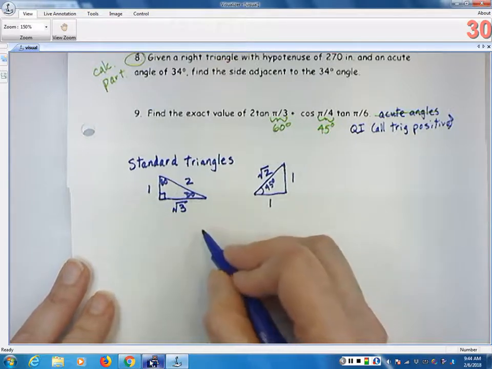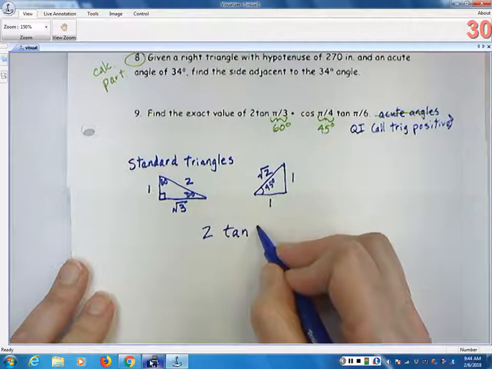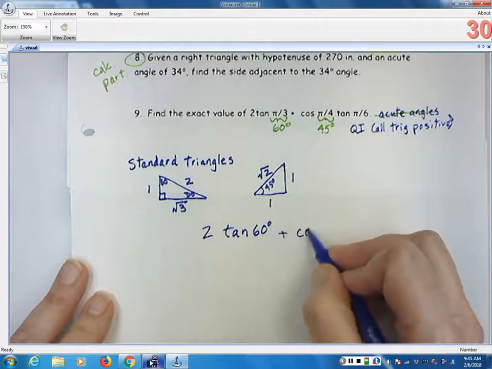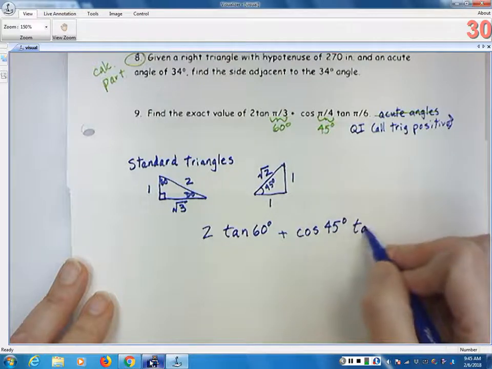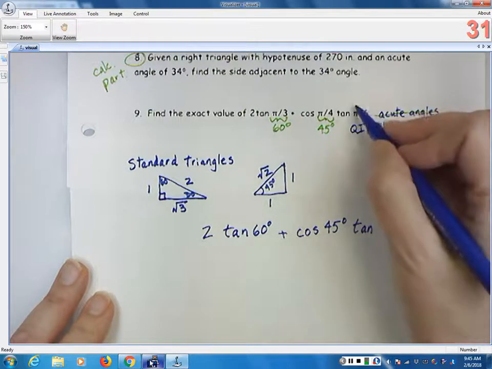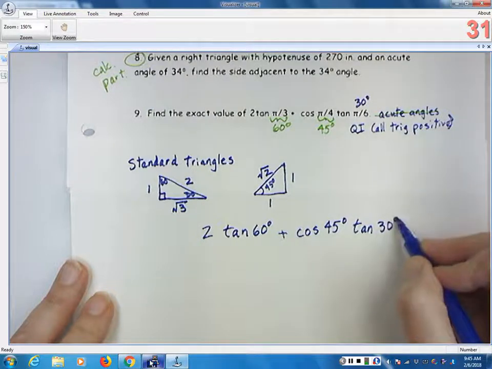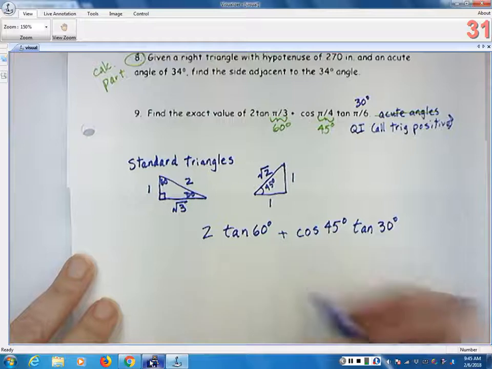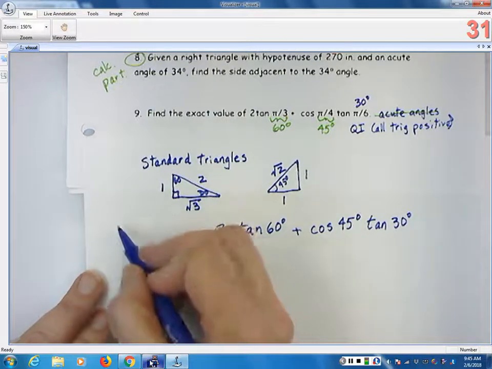Let's see, we're trying to find 2 times tangent of 60 degrees, plus cosine of 45 degrees, plus tangent of 30 degrees. We can find tangent of 60.